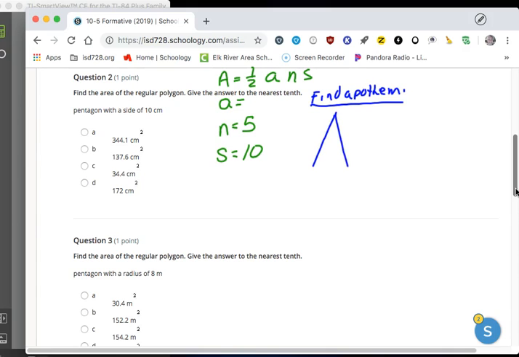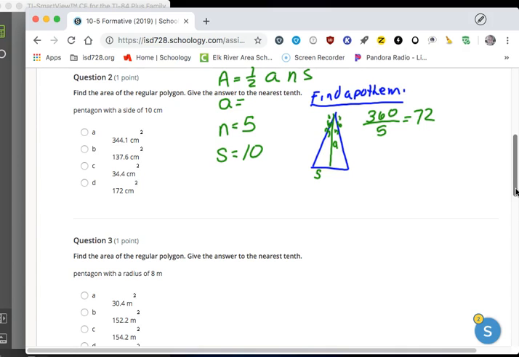I am given a triangle. There's 5 of them here that are isosceles. The side length was 10, so this is 5. I'm looking for the apothem. My central angle, 360 divided by 5, is 72, and I divide that by 2, so this is a 36-degree angle, and so is this one.